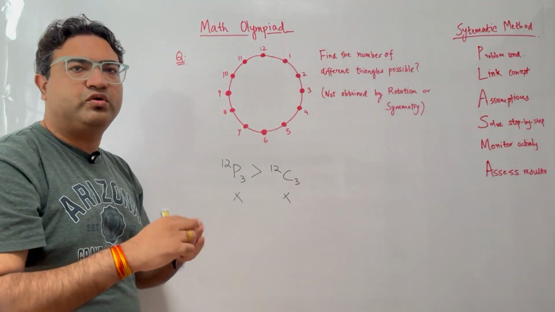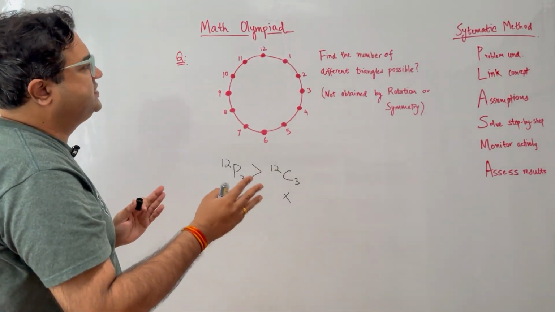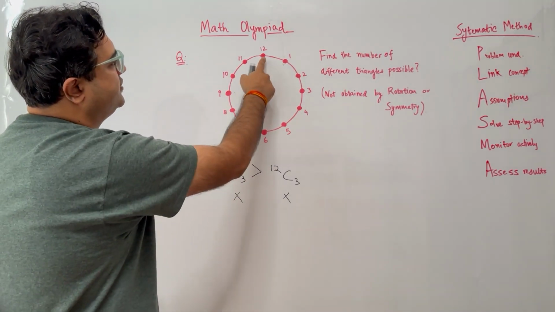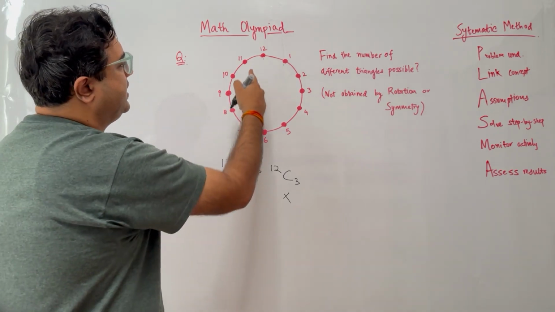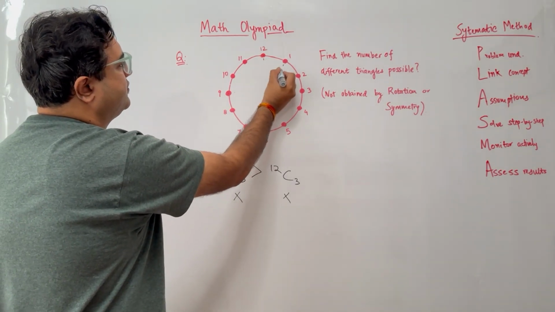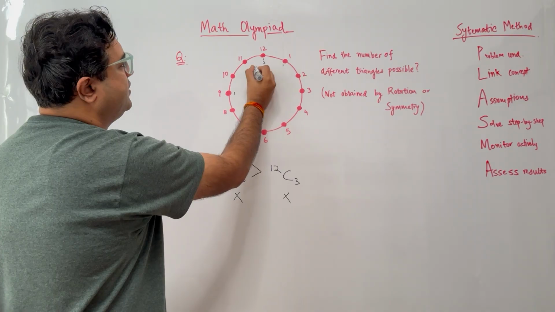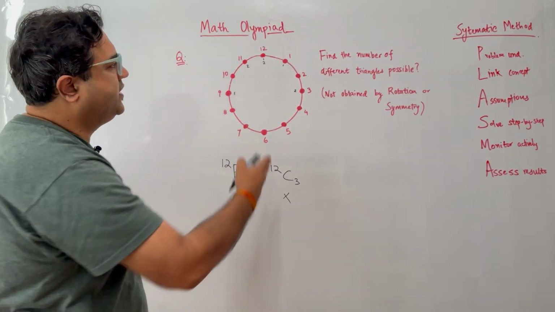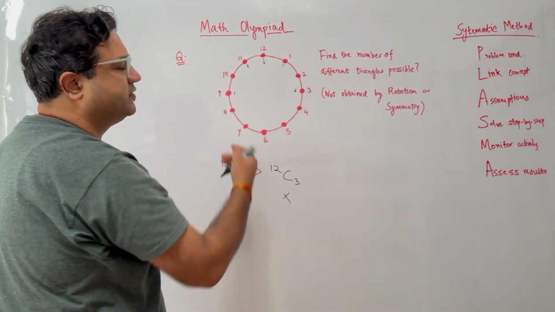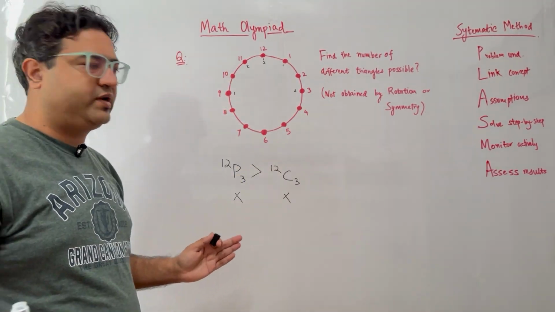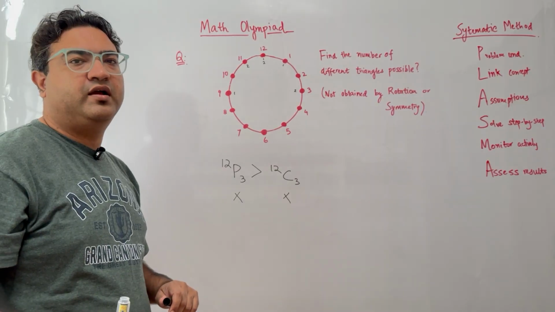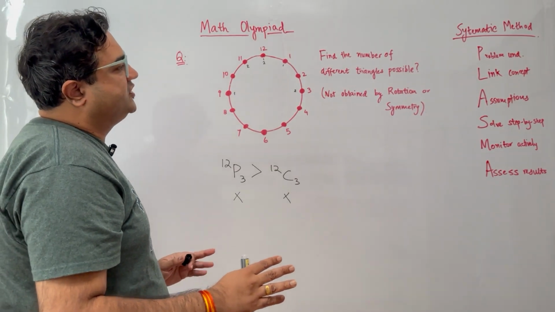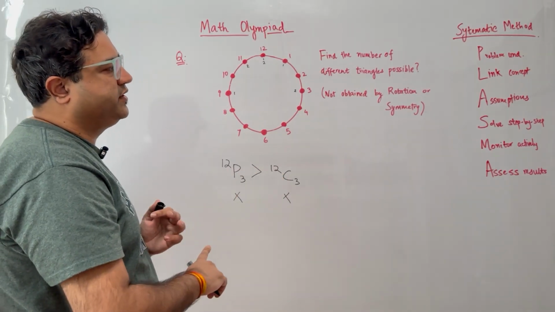Then we also have to rule out any symmetry. By symmetry, I mean if you take the points 12, 1 and 9, they form one triangle. But if I have another triangle 12, 11 and 3, they form another triangle, but they are symmetrical around this axis. So we have to take out a lot of symmetrical triangles. We have to avoid rotation, we have to avoid symmetry.